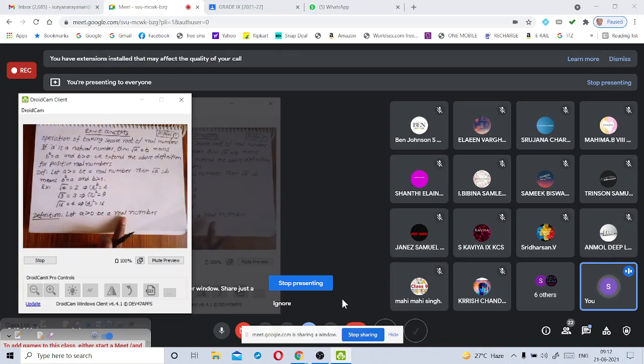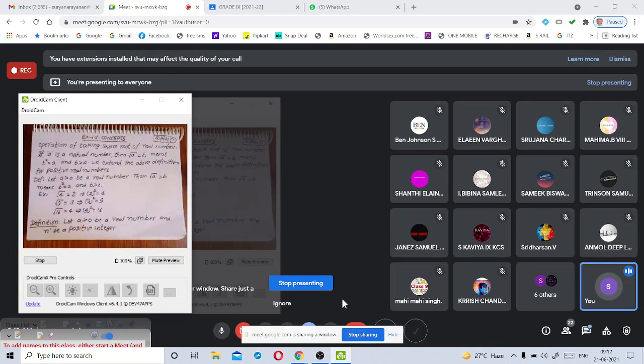A is a real number and it should be greater than 0, which means a is a positive real number. And n be a positive integer.